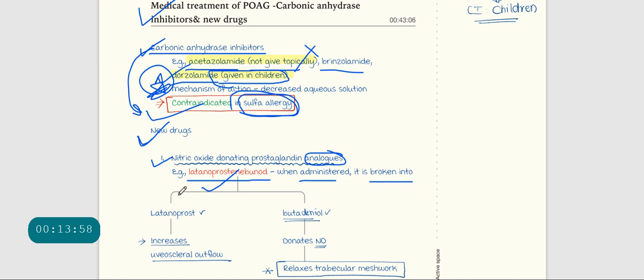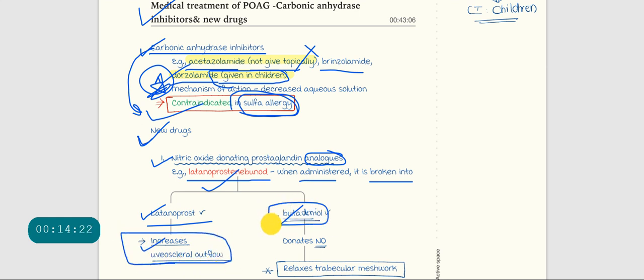After administration of latanoprostene bunod, it is broken inside the body into two, that is latanoprost and butanediol mononitrate. Okay, so latanoprost increases the uveoscleral flow, and the other component donates nitric oxide and relaxes the trabecular meshwork. Okay, so these are the two functions.